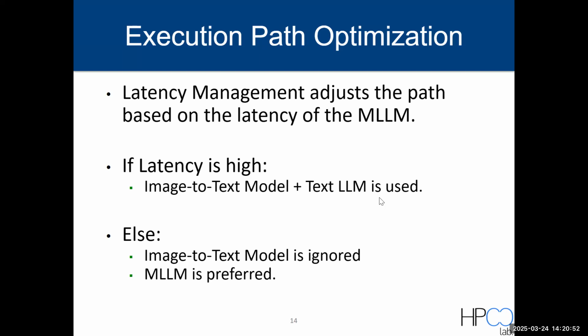With this workflow, we could reduce the inference time or response time. If the latency is normal, good enough, then the MLLM is preferred, and we can just ignore this image to text module. So our solution also contains execution path optimization based on latency management.